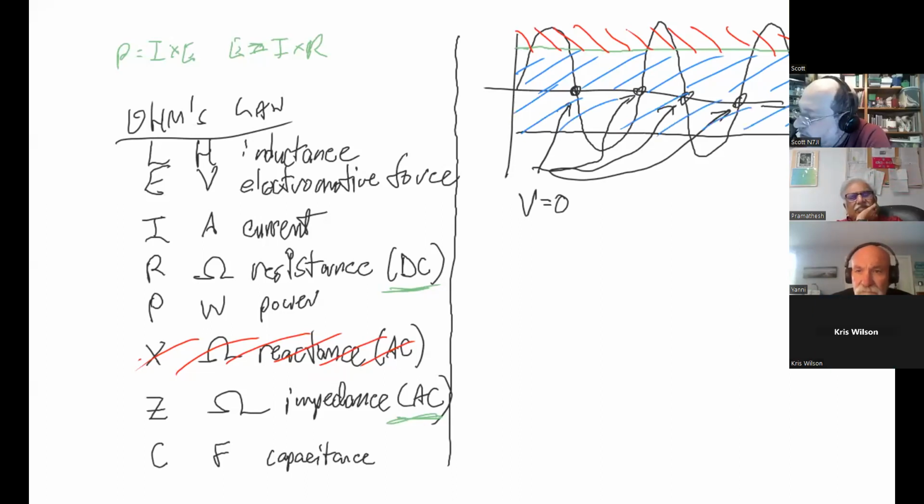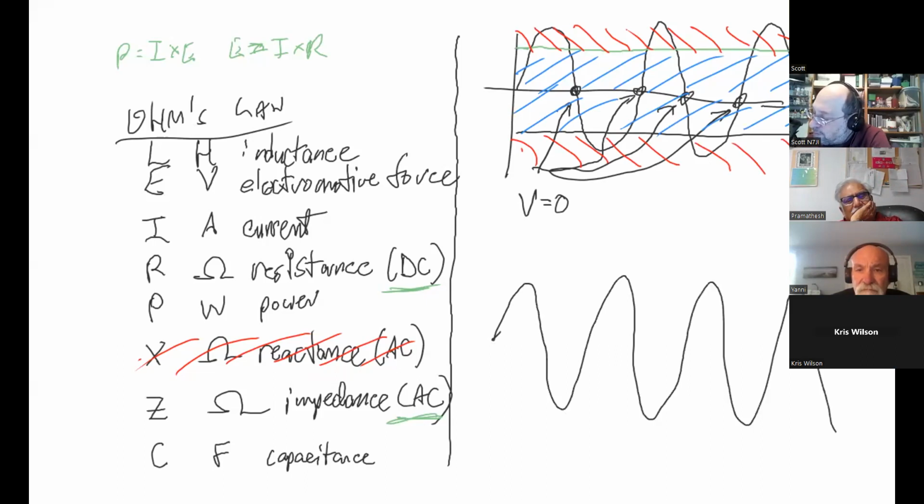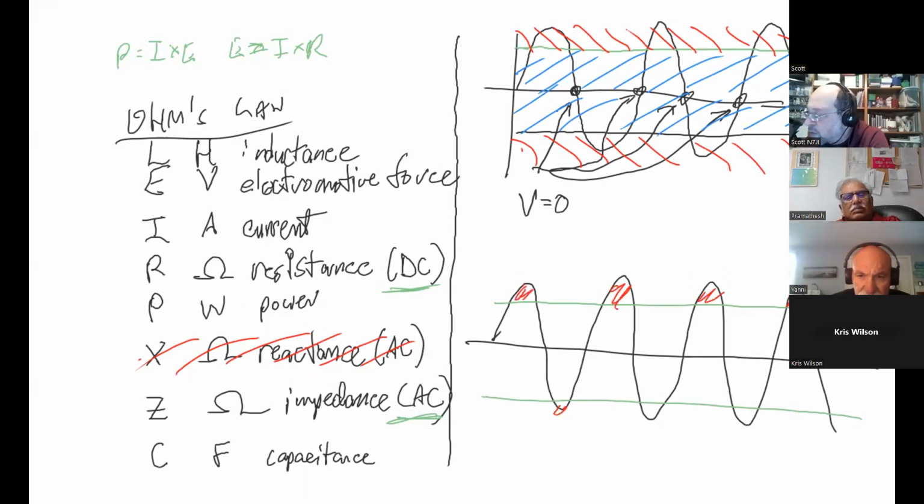We're talking about an AC circuit, right? So what we end up having is voltage that goes like this. And here are the 120 volt lines, plus and minus. And we have these peaks which have to go higher, because in those times we have to account for the fact that we can't make as much power in all those other times, which are down here.